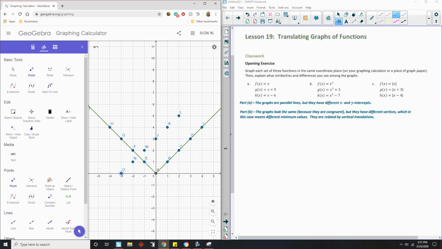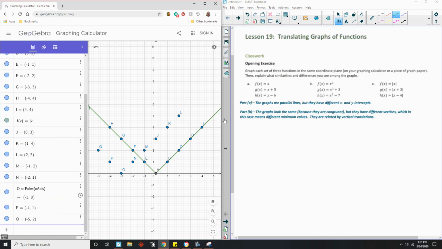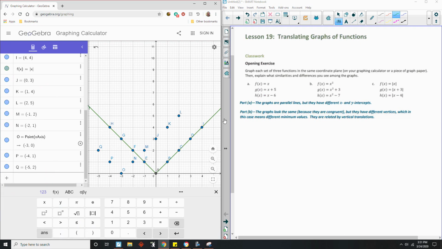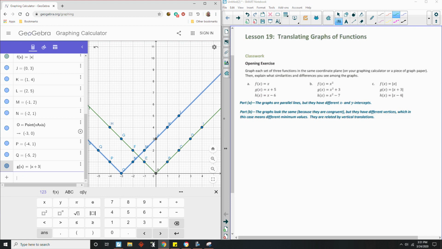The absolute value of negative 1 is 1. So here we go. Negative 5 plus 3 is negative 2. Absolute value of negative 2 is positive 2. So now do you see what's going on here? And I go back to my calculator and check and do absolute value of x plus 3 and hit enter. And all those points I just plotted are right there on that blue function.